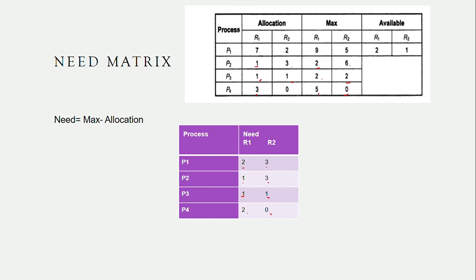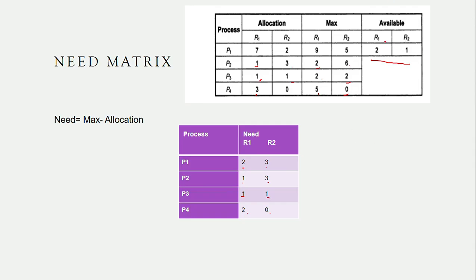So over here you can see four processes are given and we have calculated the need of each process, and the availability table is given. Now we have to cross-check using Banker's algorithm whether we can satisfy the request of each process or not. If we can satisfy the request of each process, the system will be safe. So we require the need matrix again and again, and we require the available resources.